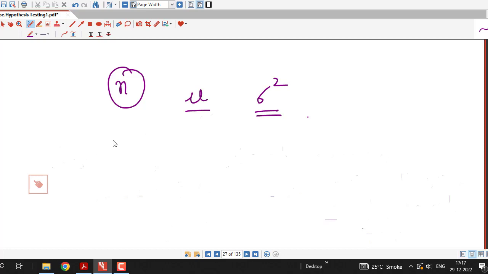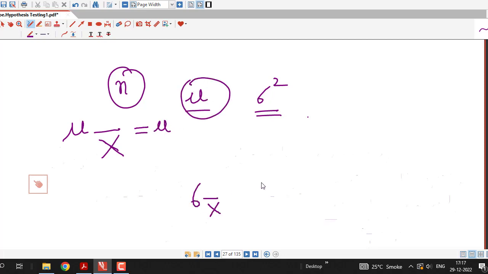Then if we consider the sampling distribution of sample mean x bar, the mean of this x bar is equal to population mean, and the variance of the sampling distribution of mean is given by sigma square divided by n, or standard deviation is given by sigma over square root of n.